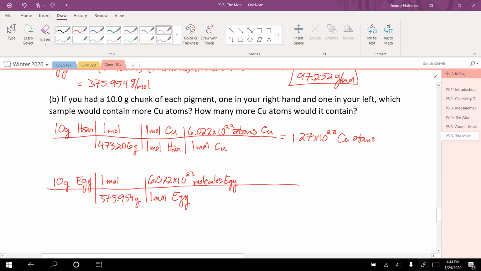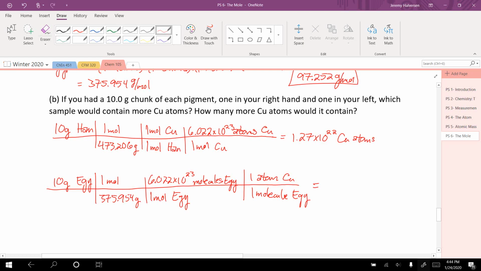So when I change it from moles, it turns into atoms. This Egyptian dye is a molecule, so when I change it from moles, I'm going to change it into molecules. But then I would say 1 molecule of the dye has 1 atom of copper in it.